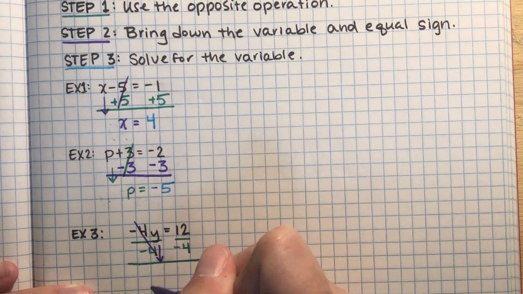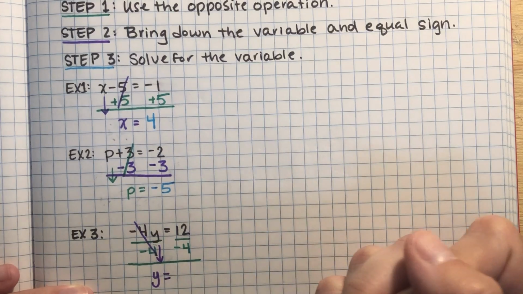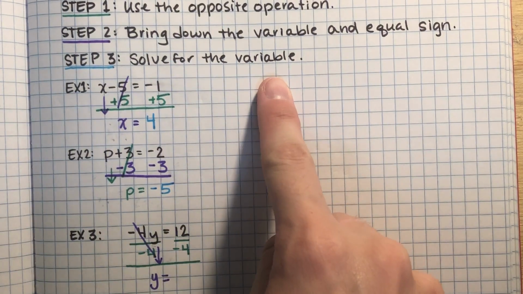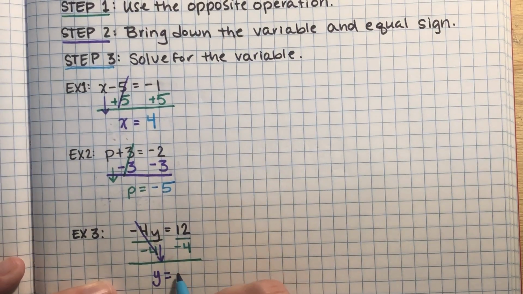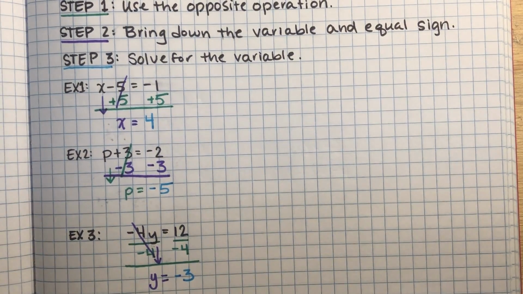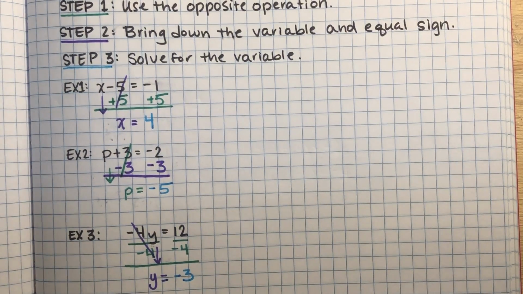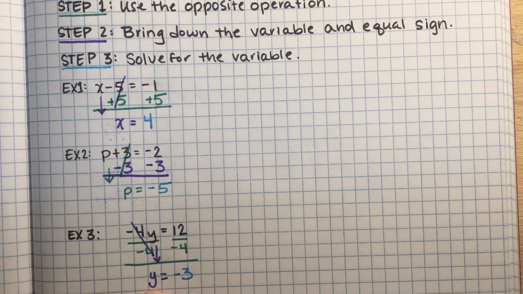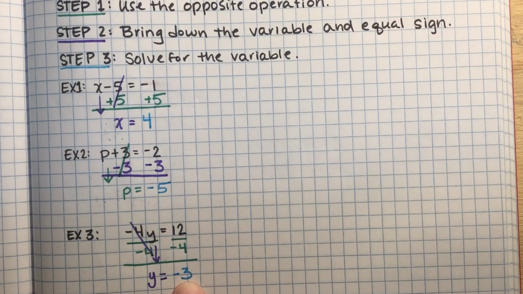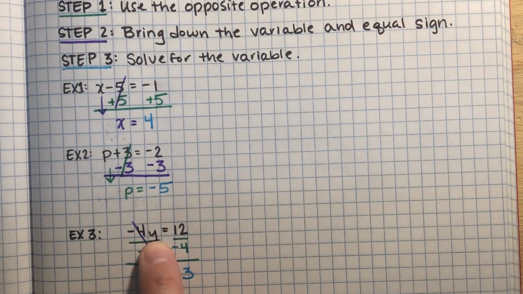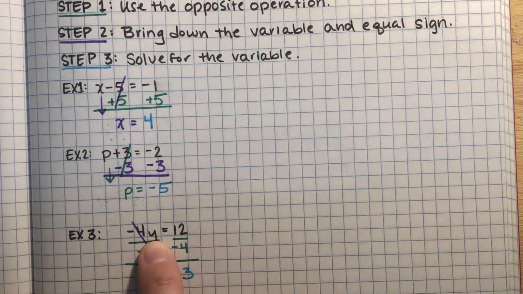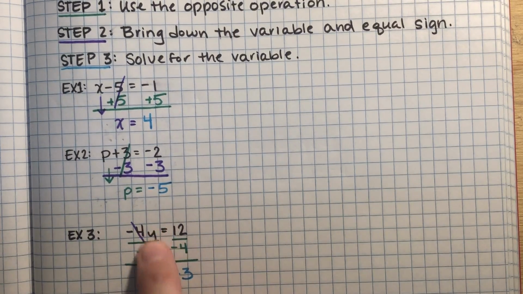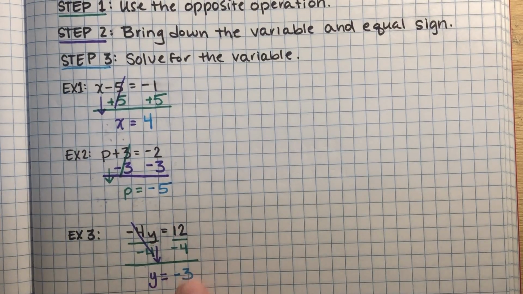We bring down our variable and our equal sign, and then we solve for our variable. 12 divided by negative 4 gives us negative 3. Now we've isolated our variable and solved for it. We had multiplication, the opposite of multiplication is division, so we divided by negative 4 on both sides. Then we brought down our variable, our equal sign, and solved.